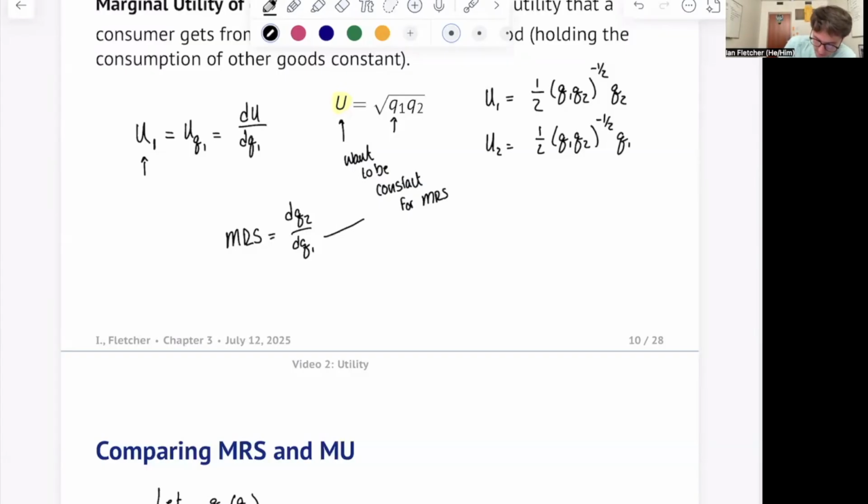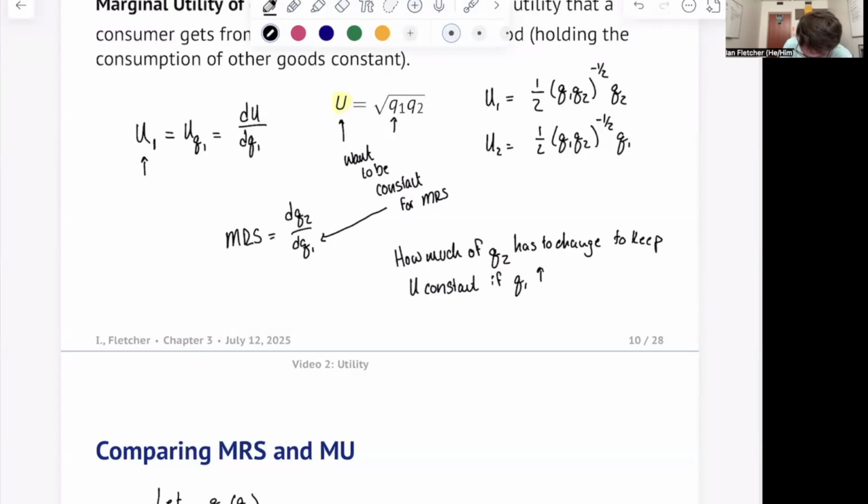So to link these back and forth: how much of Q2 has to change to keep U constant if Q1 increases by 1 unit.